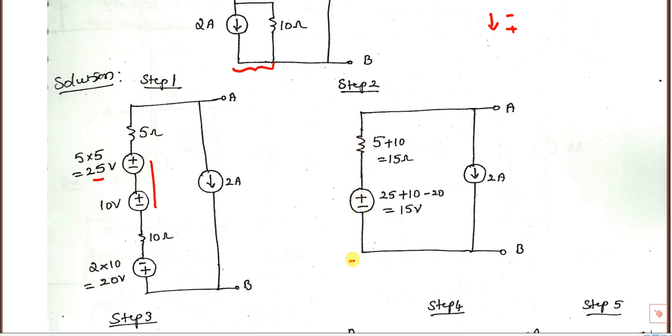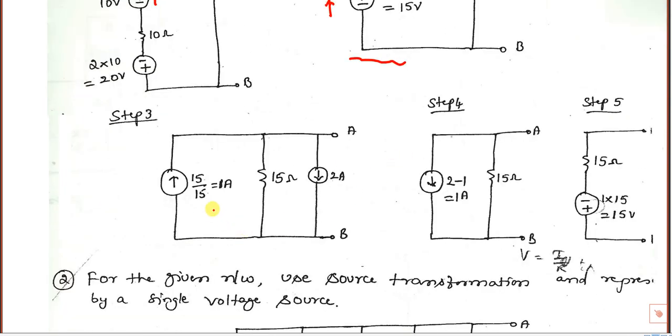I can convert this practical voltage source into a current source where V is equal to IR, I is equal to V by R. V is 15, R is 15. So 15 by 15 is 1 amp, and the direction of the current will be upwards, minus to plus. The same 15 ohm you have to connect in parallel.